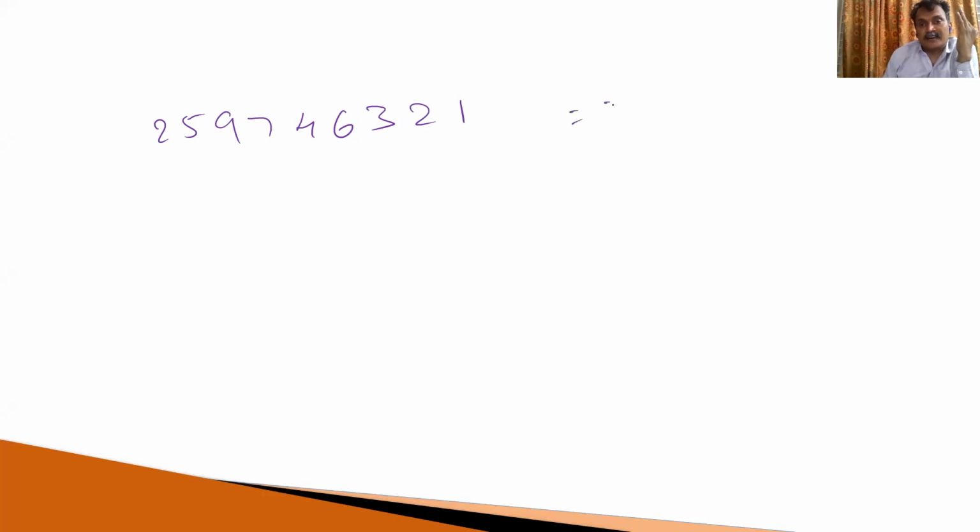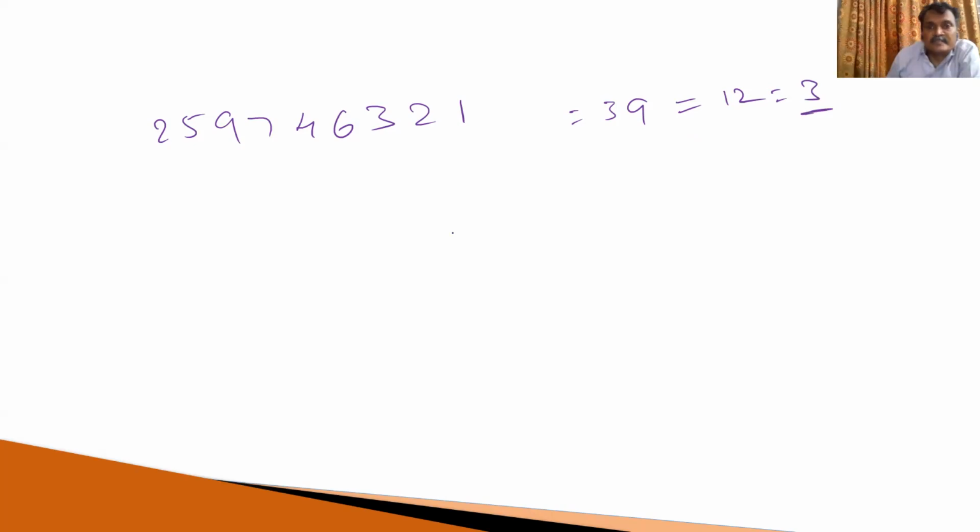So what is the answer? Answer is equal to 39. Now again, you need to add these two numbers, that is equal to 12. Again, you need to add these two numbers. So what is the answer? Answer is equal to 3.